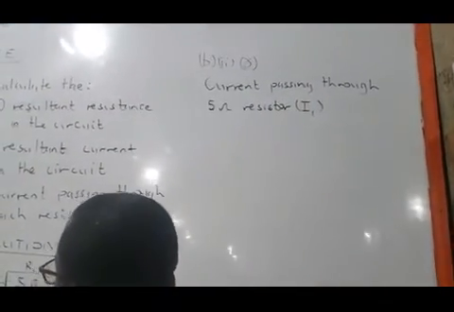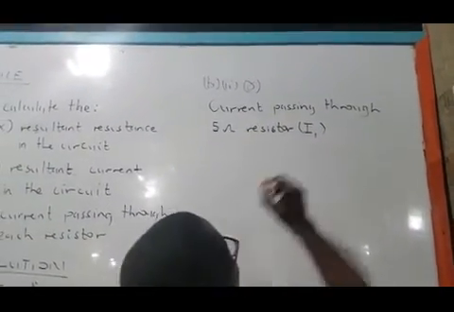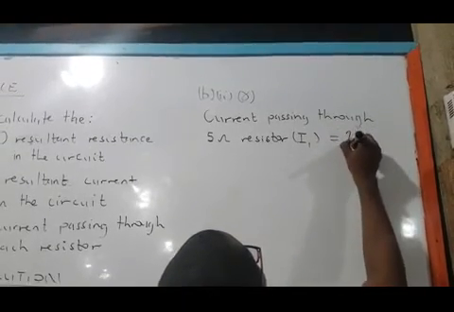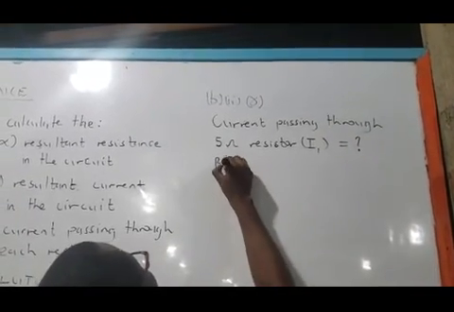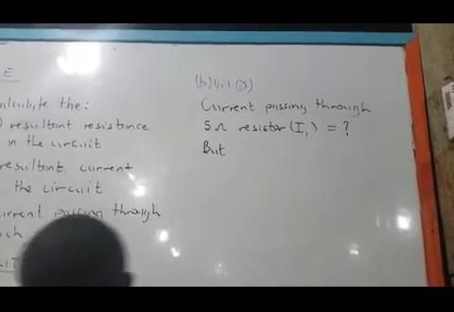The current flowing through the 5 ohm resistor is I1. So we don't know it, but as I said, your current will be the voltage over the resistance.